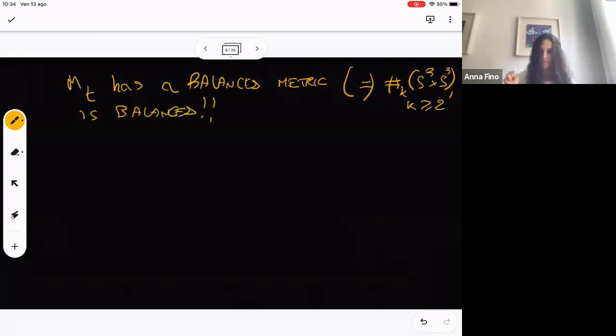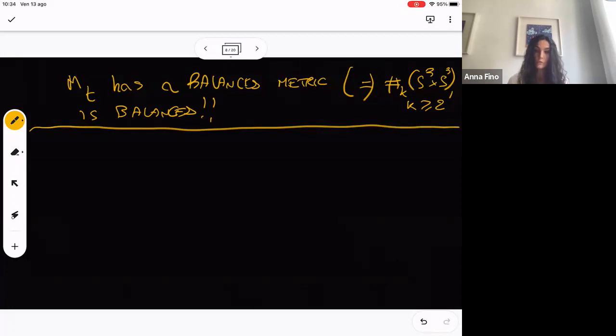It's still open to see if in general there is on S3 cross S3 a complex structure which admits a compatible balanced metric. That's completely open, so the case k equal to 1. We know the answer is no just for the Calabi-Eckmann complex structure. Okay, more examples.